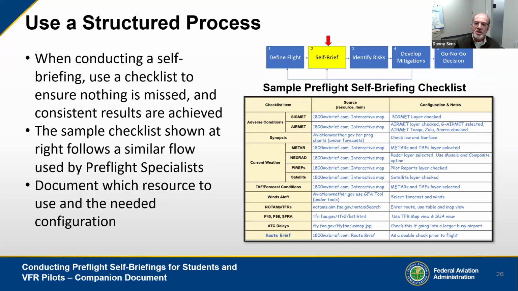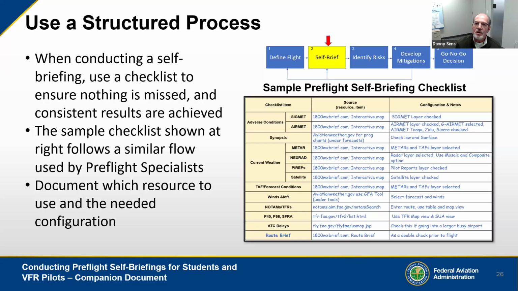Use a structured process when you do a self-briefing. Write things down, document it. Here's just a sample checklist that came from the VFR module on the FAST team training site. Brief early and brief often when it comes to self-briefings.